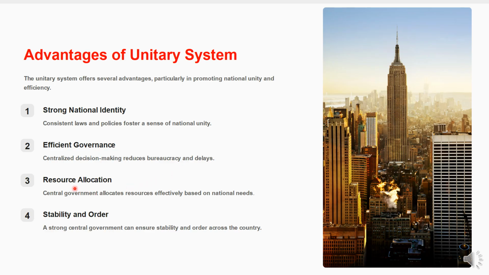Effective resource allocation: the central government allocates resources effectively based on national needs, without duplication or waste. And stability and order: a strong central government can ensure stability and order across the country. Unitary systems can provide stability and order with a clear line of authority.